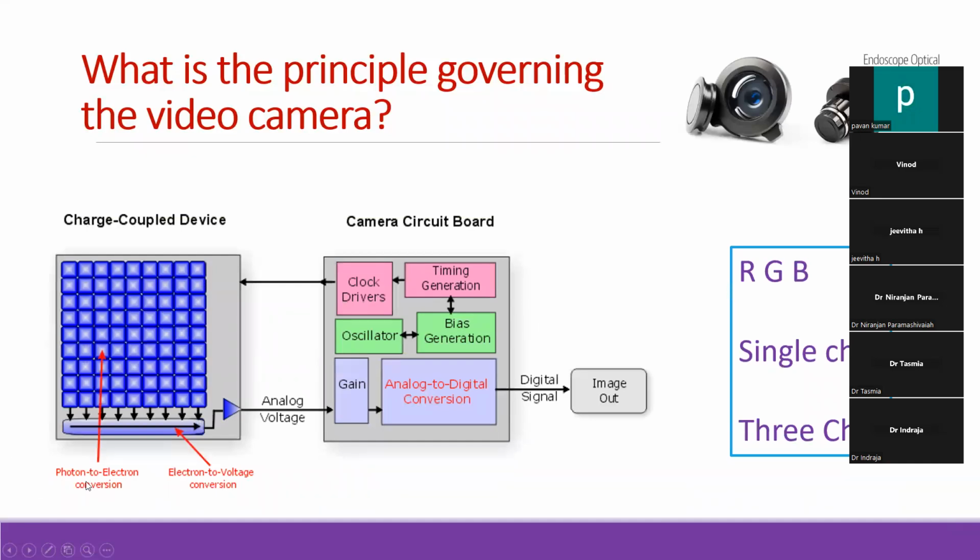Okay, photon to electron conversion takes place. You have 300,000 pixels perhaps in a camera, and compared to that, a human eye has 5 times more pixels. When light falls on this grid, there is an excitation, and a photon to electron conversion takes place. That converts further into a small electrical voltage.